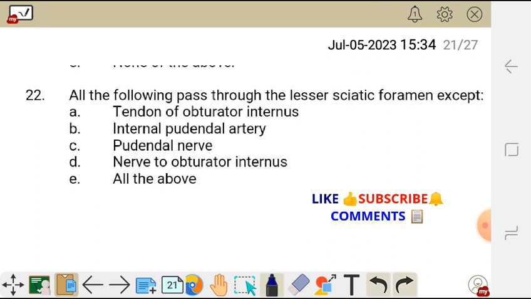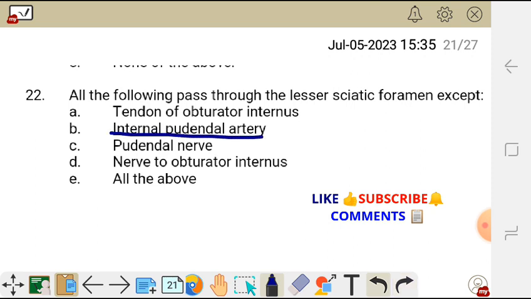So all of the above except all of these. So remember when we looked at the structures which pass through the greater sciatic foramen, we said the pudendal nerve passes there, the nerve to obturator internus also passes through the greater sciatic foramen.